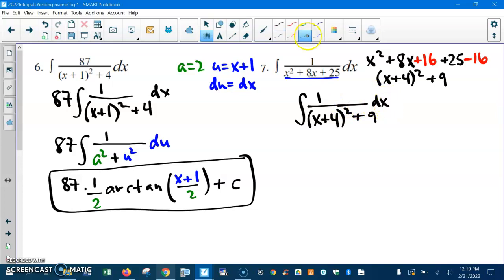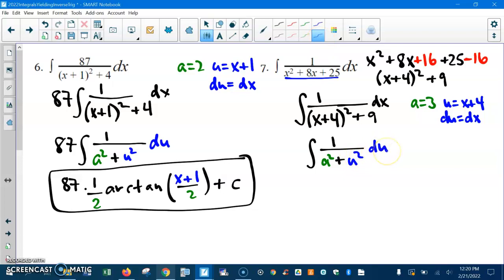So my constant is 3, because 3 squared is 9, and my variable is x plus 4, which makes my du a direct exchange to dx. And then I can see that I have, in fact, the form of the integral of 1 over a squared plus u squared du.